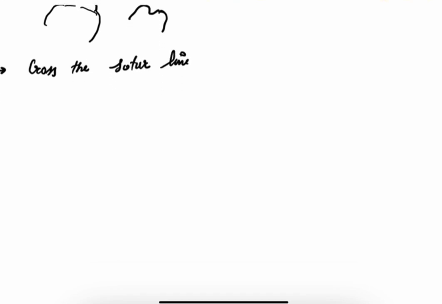Caput succedaneum crosses the suture line. The suture line is actually between the different bones. Suppose this is one parietal bone and this is the other parietal bone. This is the sagittal suture between the two parietal bones.